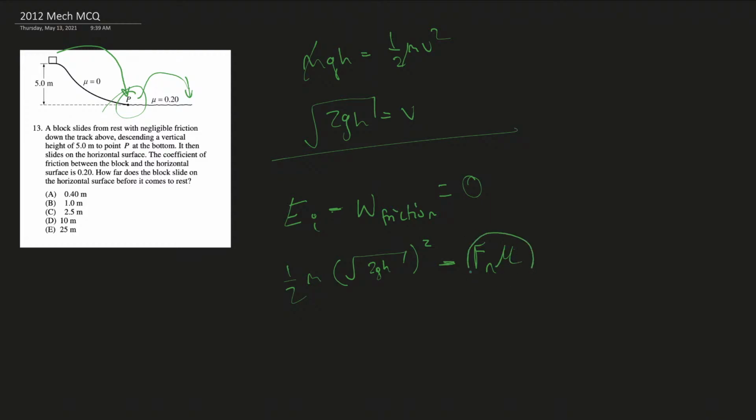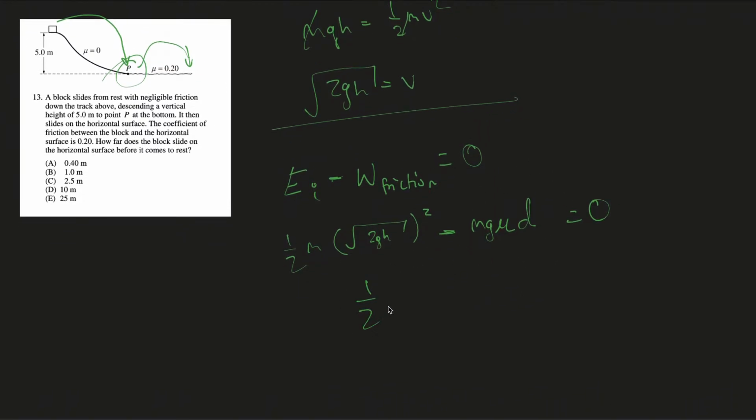That gives you the force of friction multiplied by the distance we travel, which we're trying to solve for, and that is equal to 0. You can simplify further by saying that Fn is equal to mg, because that's the normal force, times mu naught.